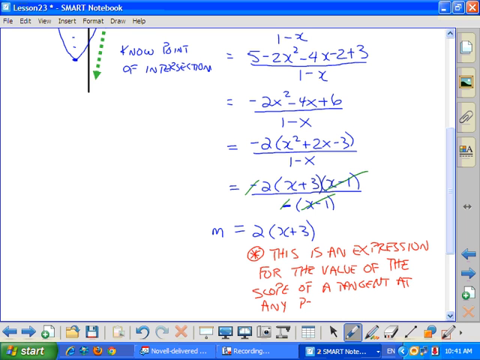So I have an expression, I have an equation. I not only know the slope at point A, I know the slope of my tangent line for every tangent on this parabola. I just have to substitute in the x value to find that slope.